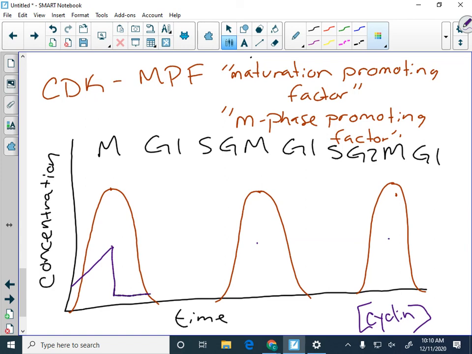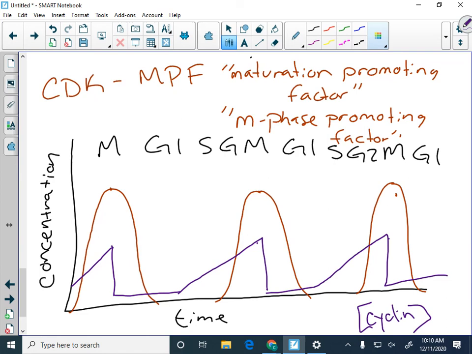And then towards the end of G1, it will start to increase, hit mitosis, and fall. It will stay at a low level until we hit the end of G1, rise again, and fall, and so on and so forth.